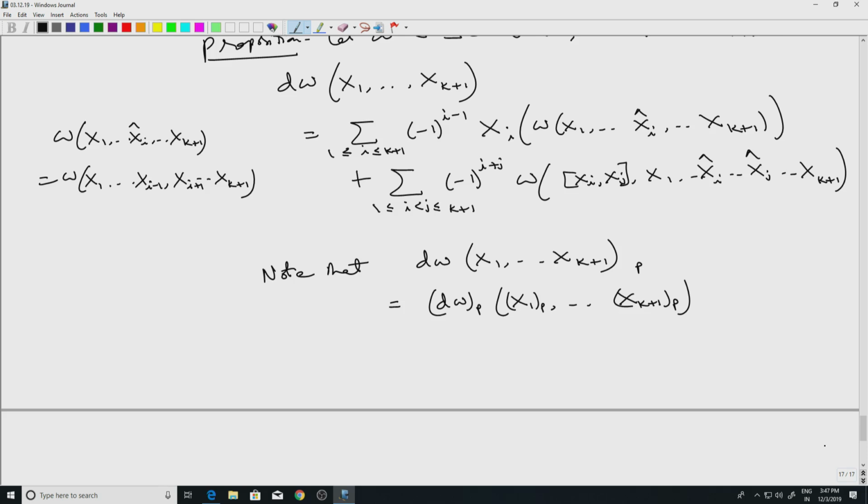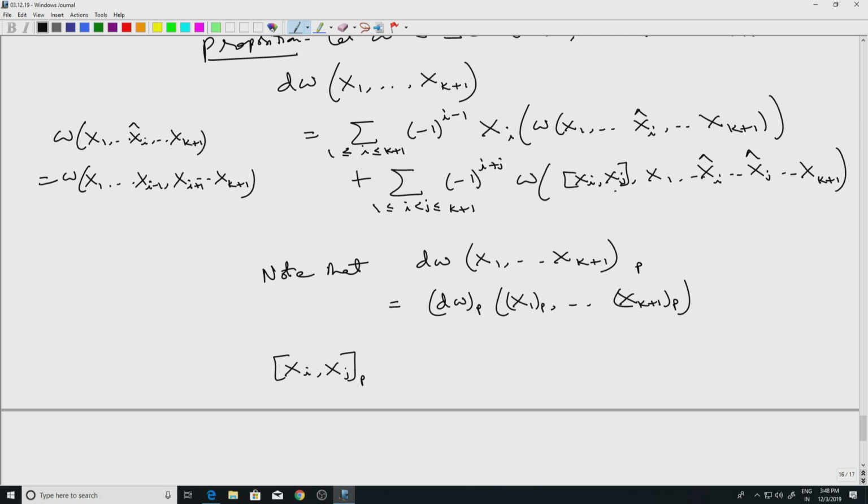One is the Lie bracket term here. The way the Lie bracket is defined, it's crucial that these are vector fields, not just tangent vectors, otherwise it doesn't even make sense. Moreover, this thing depends not just on xi at P and xj at P. It depends on how they are defined in a neighborhood of P.